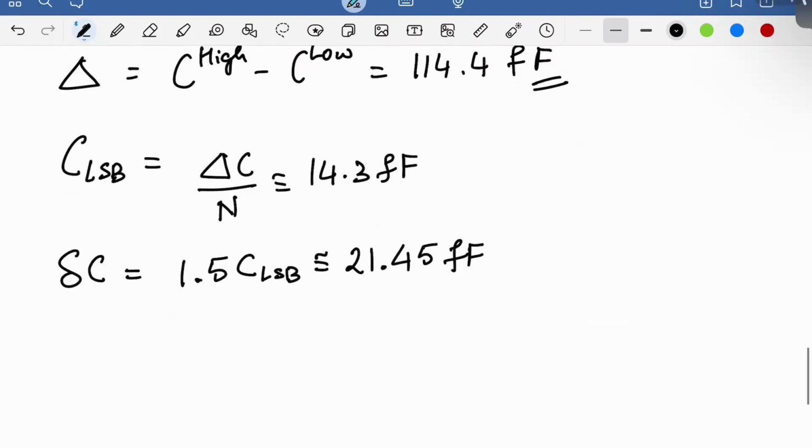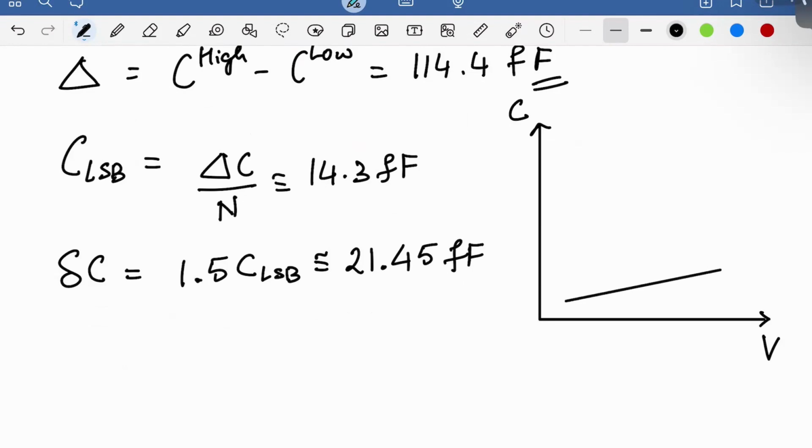So what does this really mean, right? If you look at, let's say, capacitance versus voltage for our capacitor bank plus the varactors, where voltage is V and capacitance is C, essentially you will have tuning that looks something like this, and goes up.